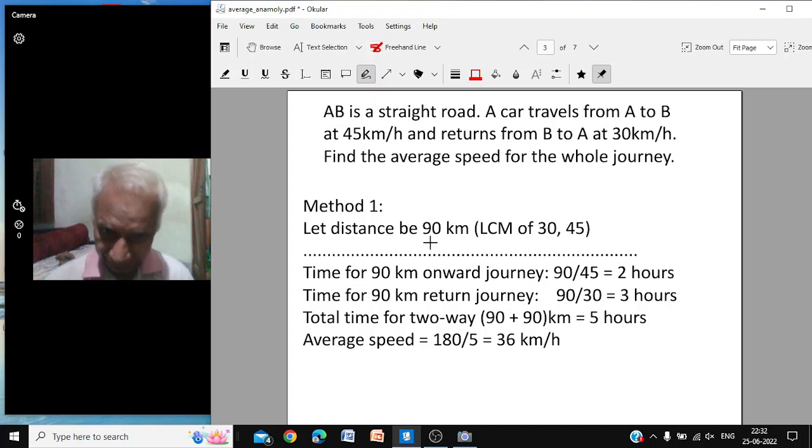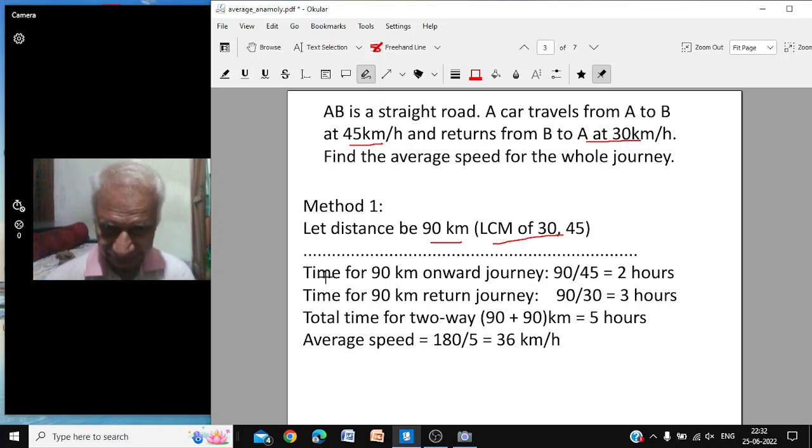Now you may ask why I am taking 90. 90 is the LCM of 30 and 45, and when you take 90 as a distance, you avoid fractions. Actually, you can take the distance to be 100 kilometer, 1 kilometer, 1000 kilometer, anything. But here we are choosing 90, the LCM of 30 and 45, in order to avoid fractions.